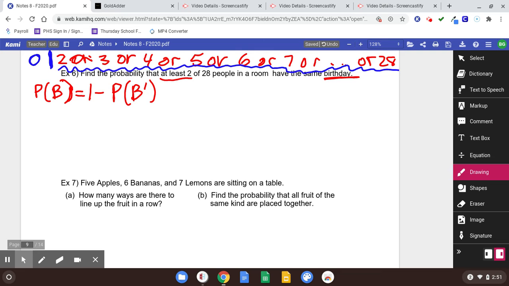So basically we're only going to look at if everybody has a different birthday. We'll say 1 minus that, and that will be it. So we're going to do 1 minus the probability that everybody has a different birthday. And how that's going to work is, we've got 28 people and each of them have a different birthday. So we're going to have the assumption that a year has 365 days in it.